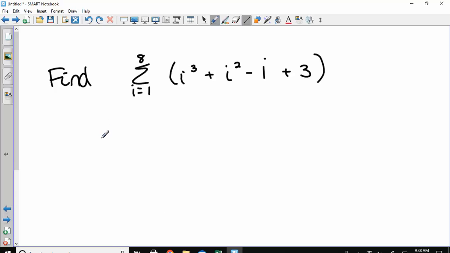What's the i cubed rule? n squared times n plus 1 squared over 4.